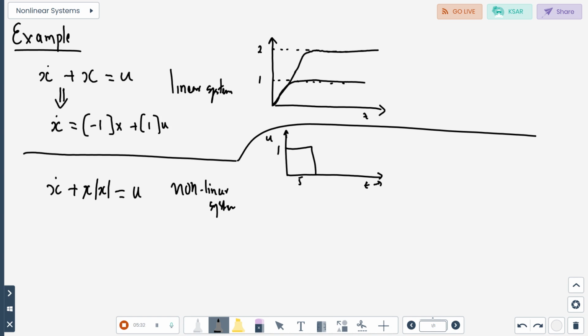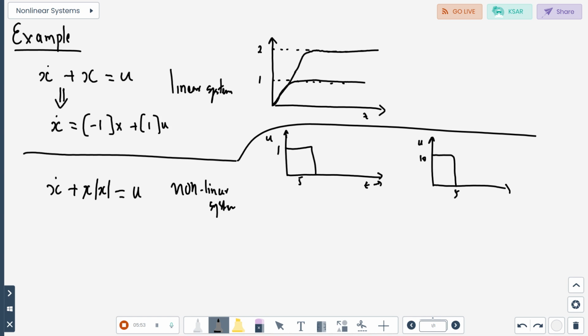And secondly, we'll then be applying an input u having a magnitude 10, lasting for 5 seconds.